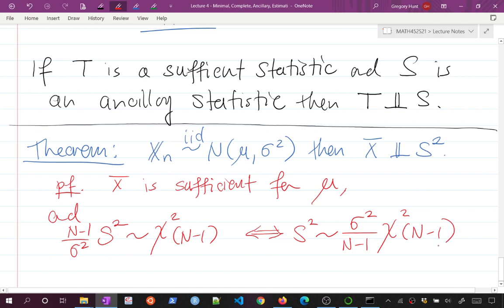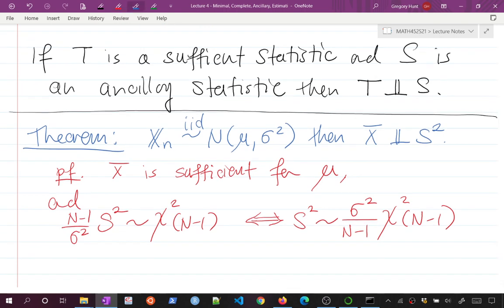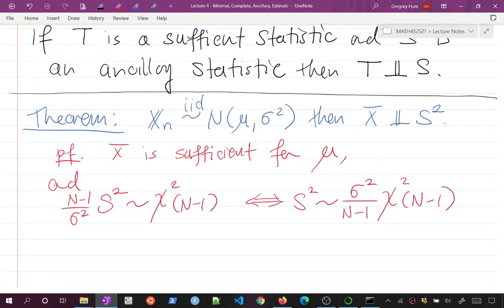That's a bit of abusive notation, but what I mean on the right-hand side is that if I had a random variable that's chi squared n minus 1, I then multiply by sigma squared over n minus 1. So effectively, S squared has that distribution. It's some type of gamma, since a chi squared is a special case of a gamma.